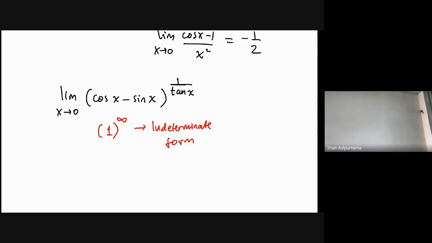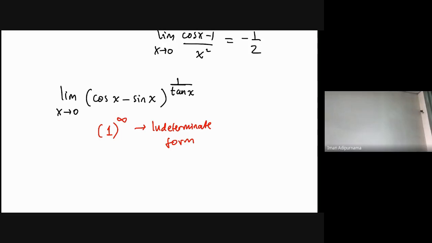The idea, I told you before, is that if we have any power here and we want to move this power to the front, we can use the ln. If you want, there are at least 2 forms.